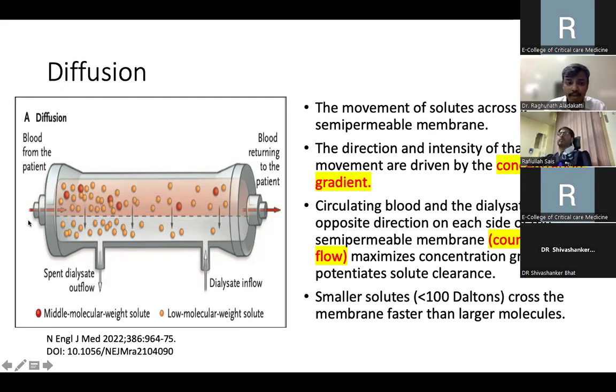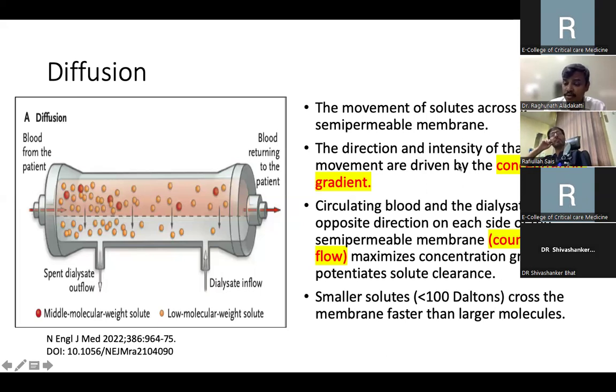So the circulating blood and the dialysate flow in opposite directions on each side of the semi-permeable membrane. This is called counter-current flow, which maximizes the concentration gradient and potentiates solute clearance. Smaller solutes of less than 100 daltons cross the membrane faster than larger molecules. This is what most commonly happens in diffusion.